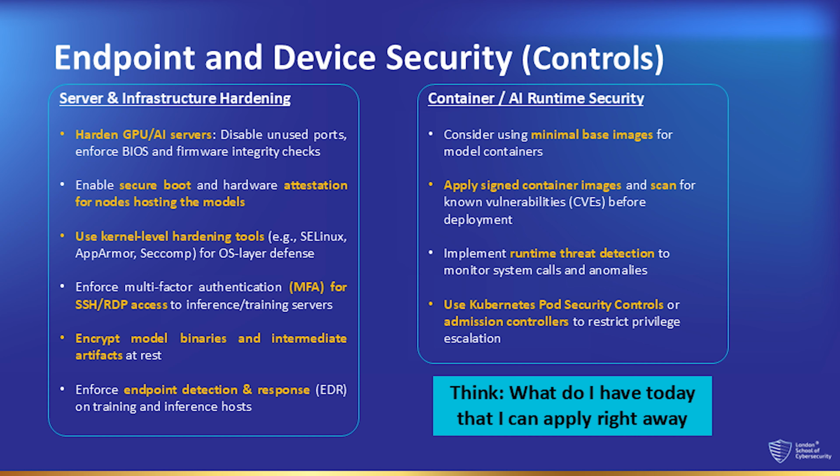And compromising the hardware would be a very easy way of opening a door to gain control of your machines. So let's make sure that we have a way of hardware attestation. It can also be called TPM attestation, for the nodes hosting the models.